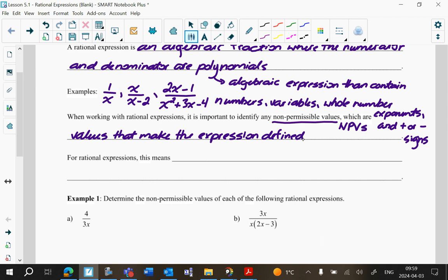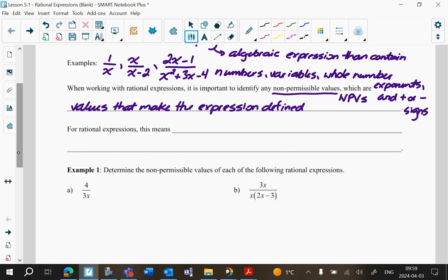And so what does that mean? That means that the values of the denominators in any rational expression, in rational expressions, can never be equal to 0.